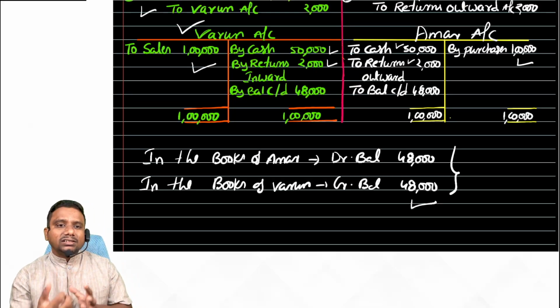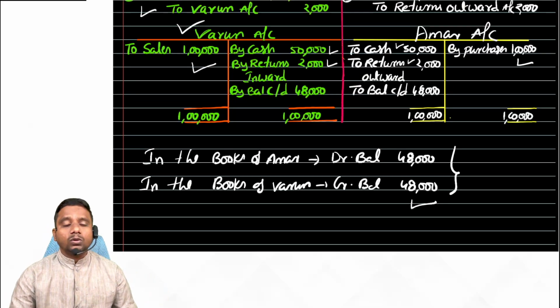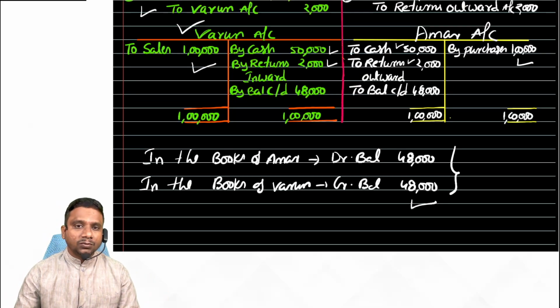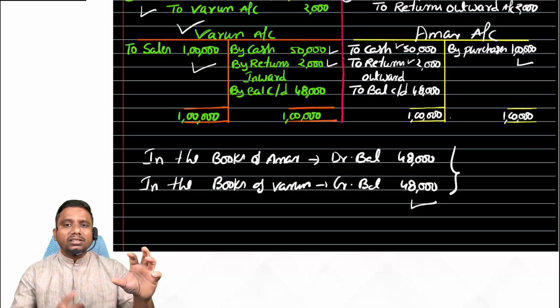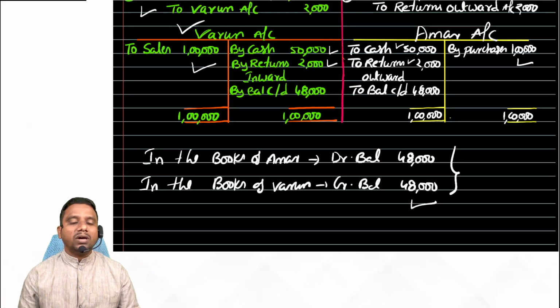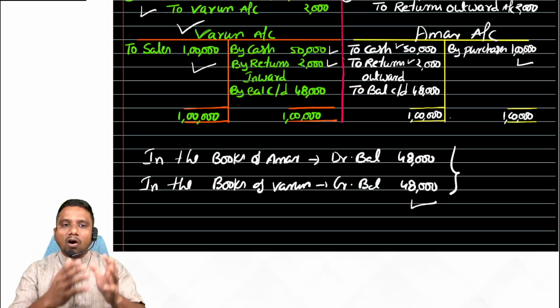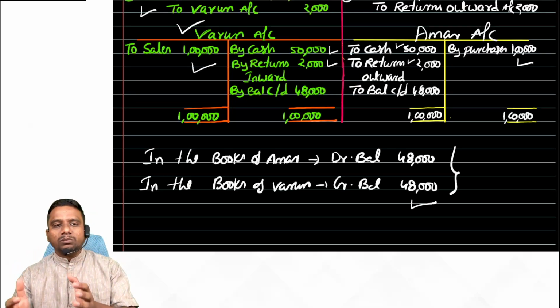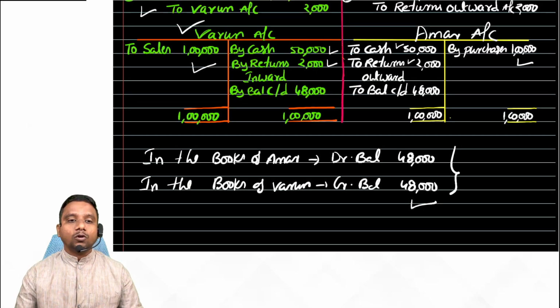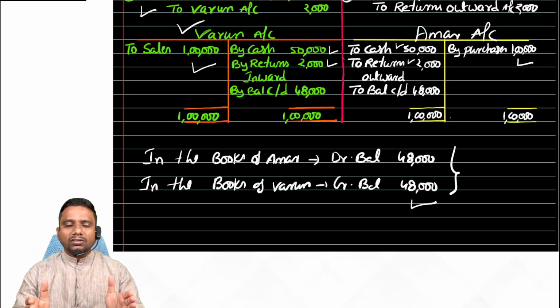If Varun sees his books, it shows that Varun has to pay Amar 48,000. So, in one person's books it is debit balance, in the other person's books it is credit balance, but same amount. Yes or no? This is possible when all the transactions are recorded by both the parties from their point of view without any mistake. So, if both the parties record all the transactions, this is the position.